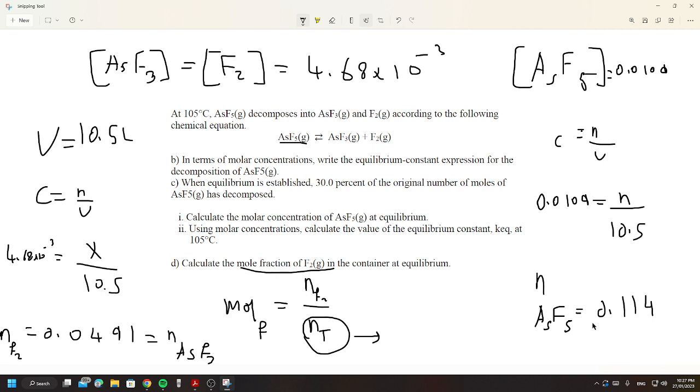And total is going to be this plus this plus this again, because it's the number of moles of this. So n total is 1 plus 2 plus this over here, 3.